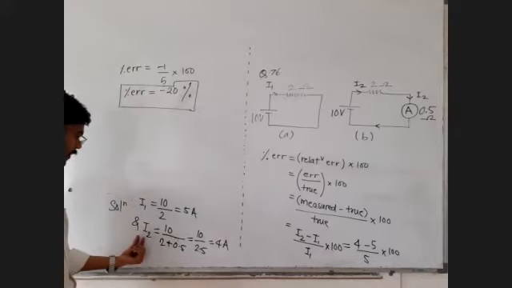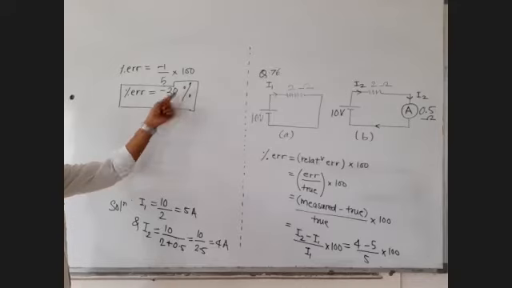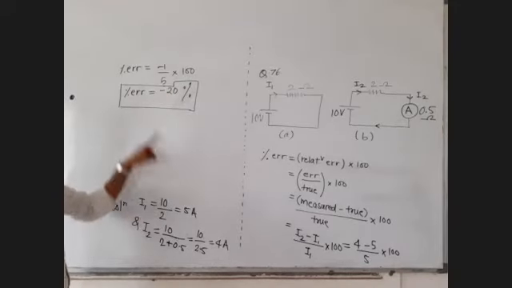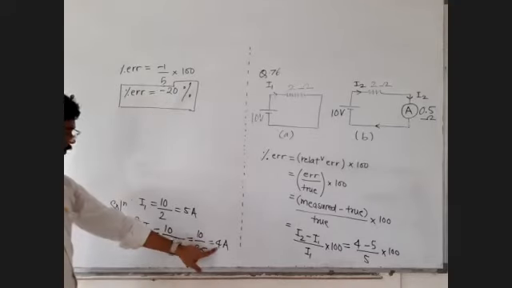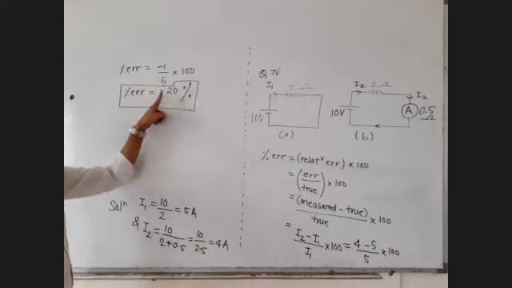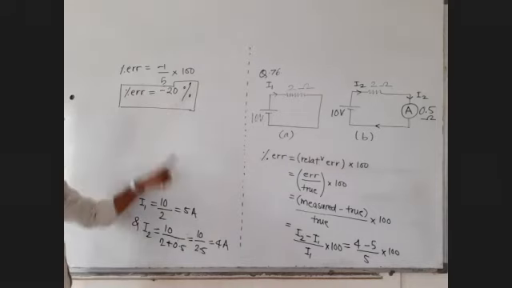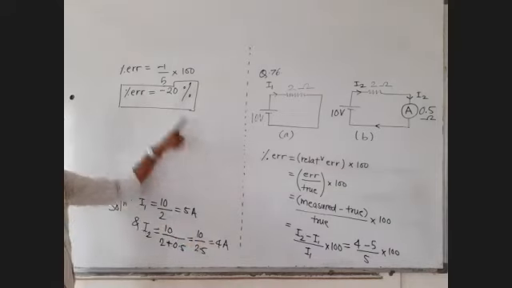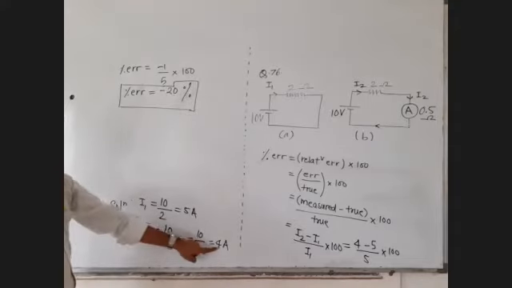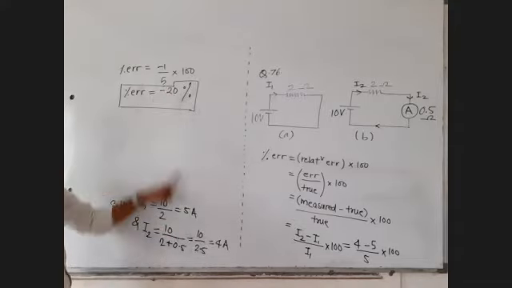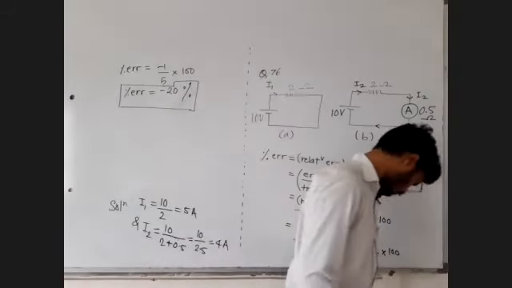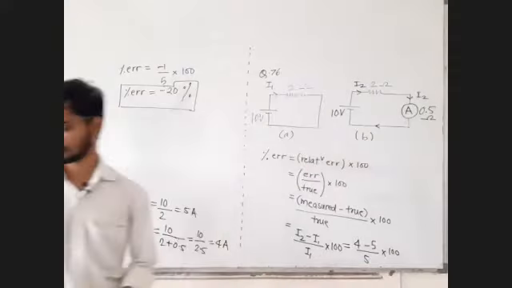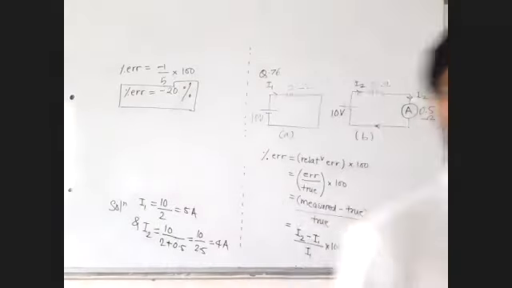It means the measured value is 20% less than the true value. Reply in the chat box, clear and written. Error can be positive, negative, or both.